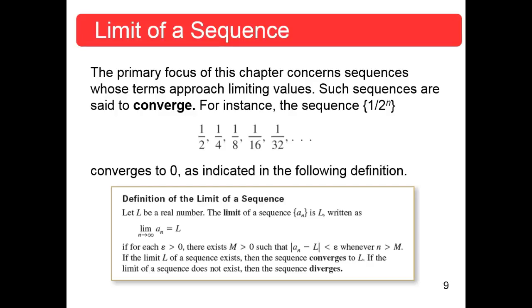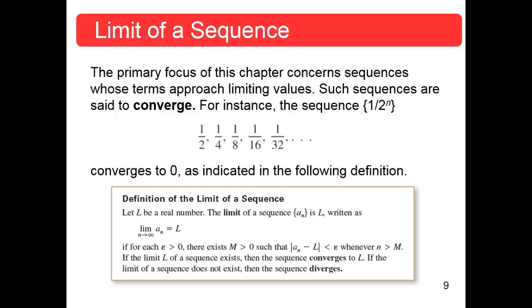Let L be a real number. The limit of a sequence A sub n is L, written as the limit as n approaches infinity of A sub n is L. Okay? That's how we define the limit of a sequence, is that value L. If for every epsilon greater than 0, oh, it sounds like good old derivatives again, or Riemann sums again.